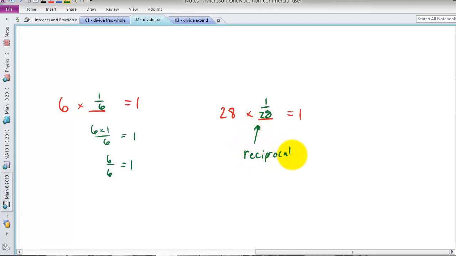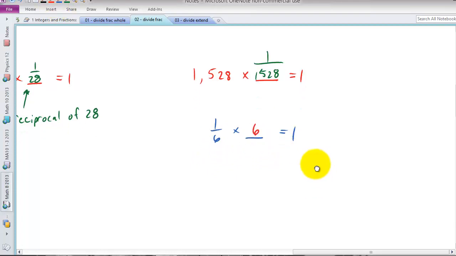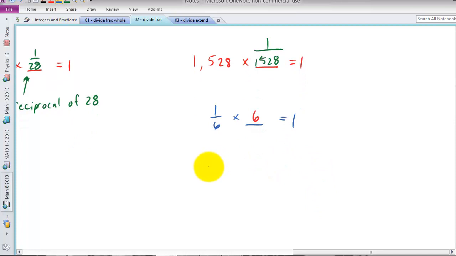What about 1,528? What's the reciprocal of it? Something times that is 1, so that would be 1/1,528. In the same sense, what's the reciprocal of 1/6? Well, this would be 6. What is the reciprocal of, say, 11/12?